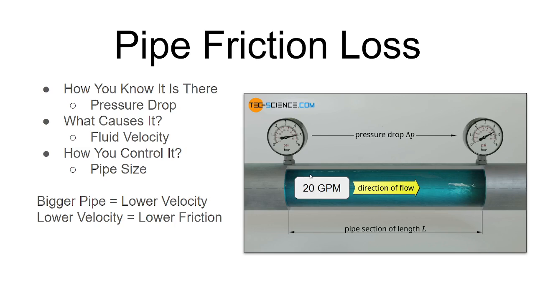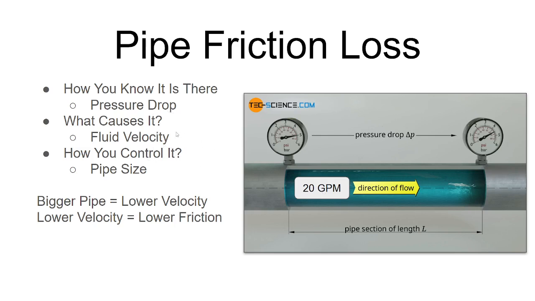So we know that fluid velocity causes friction loss. And we also know that the more velocity there is, the more pressure drop we have in a certain length of pipe. So fluid velocity is a big deal.